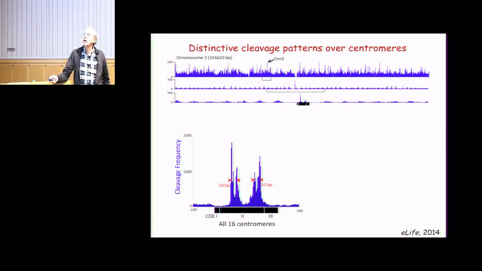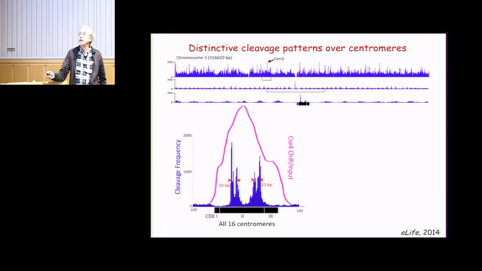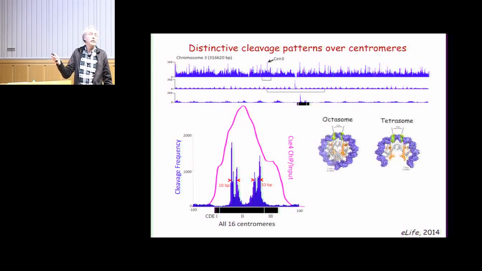And we can ask where this lies within the ChIP signal that I showed you. So it's right in there over CDE2. Now we can ask, how does this fit with models that have been proposed for the centromeric nucleosome? There's the octameric model, the conventional model, and also a model in which you don't have H2A or H2B, but you have 2 each of CSE4 and H4.